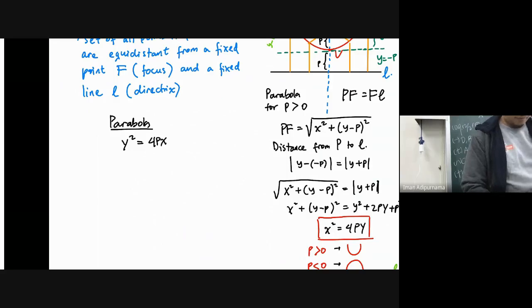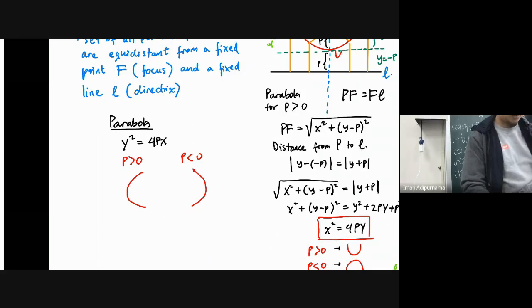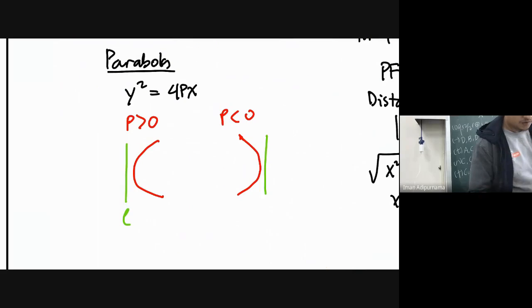If p is greater than 0, then it will be this, and if p is less than 0, it will be this, and the directrix will be in front of the vertex. It's always like that. And the same definition, the distance should be the same for the focus. So this is L, this is focus, this is focus, this is L.